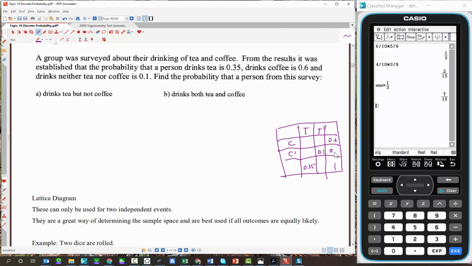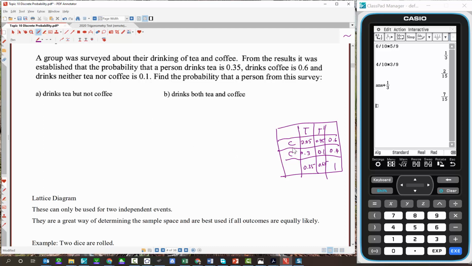All right, so this is going to be 0.4. This one here is going to be 0.3. This is going to be 0.05. This is going to be 0.65. And this is going to be 0.55.